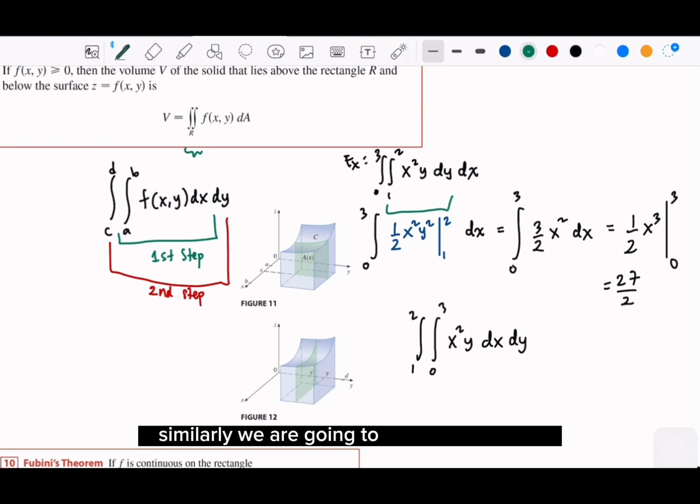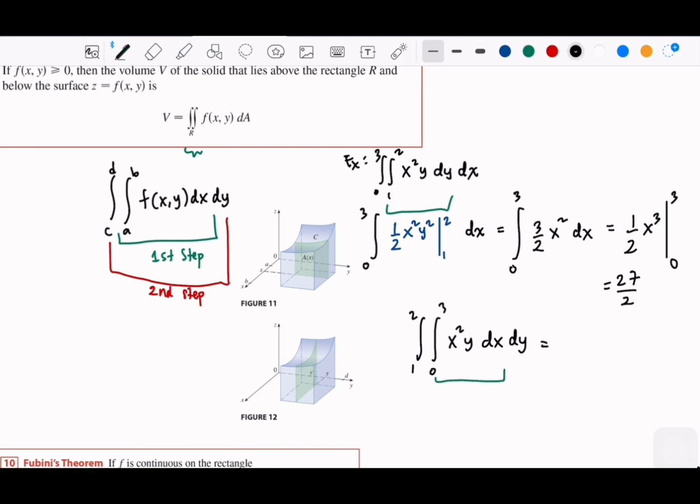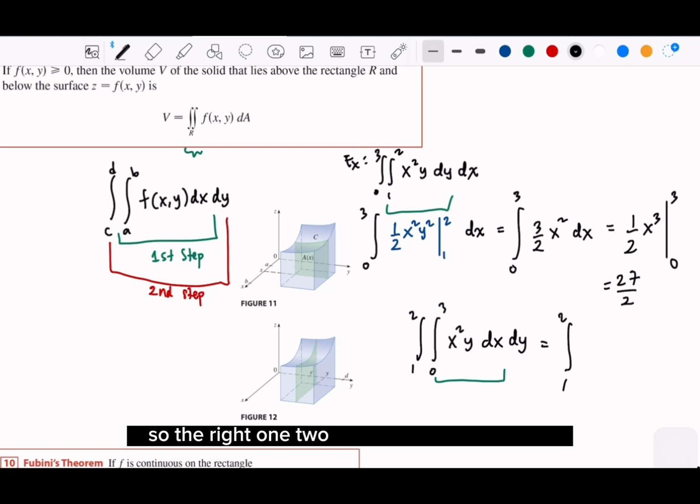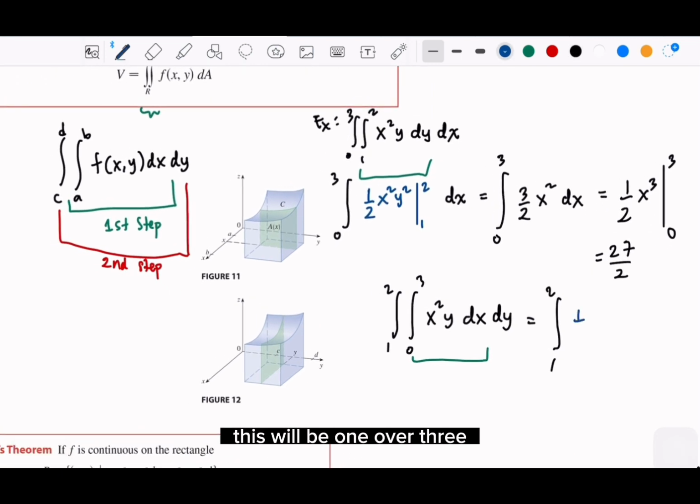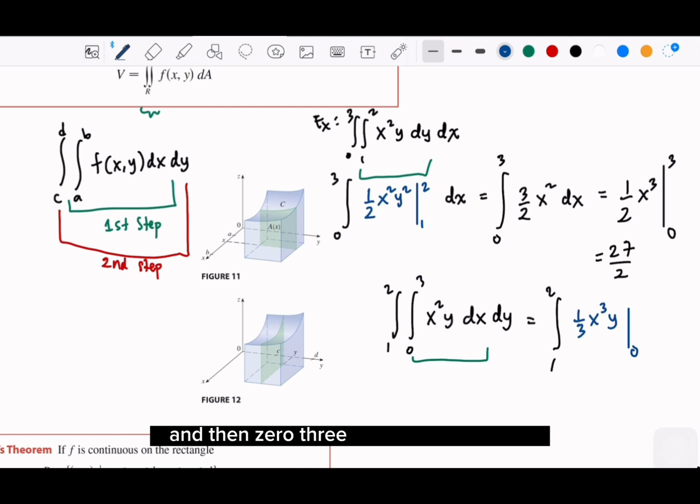Similarly, we take the first step, the inside integration. So we write 1, 2, with a different color. This will be 1 over 3 x cubed y, and then 0, 3, and then dx.